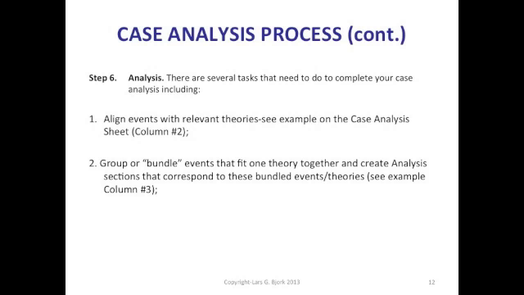Step 6. Analysis. There are several tasks that need to be completed to do your case analysis, including 1. Align events with relevant theories. See the example on the case analysis sheet, column 2. Then, 2. Group or bundle events that fit one theory and create sections of your analysis that correspond to these bundled theories.